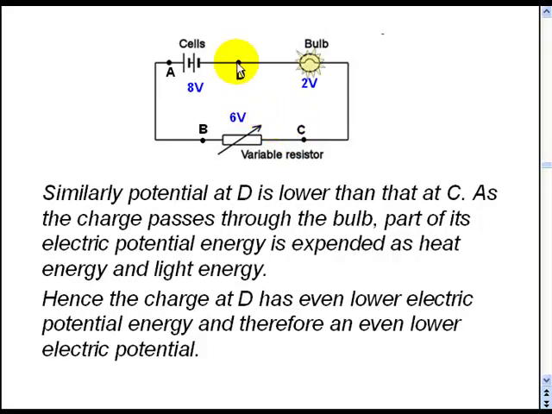Similarly, potential at D is lower than that at C. As the charge passes through the bulb, part of its electric potential energy is expended as heat energy and light energy. Hence, the charge at D has even lower electric potential energy and therefore an even lower electric potential.